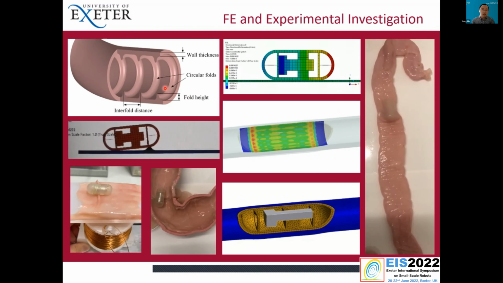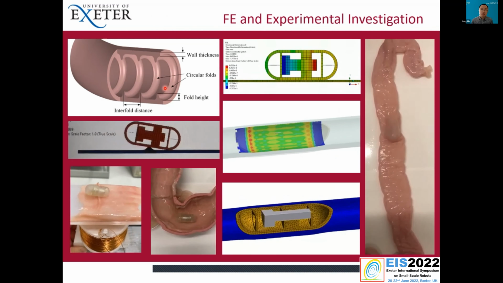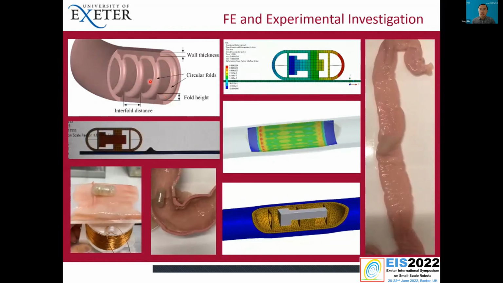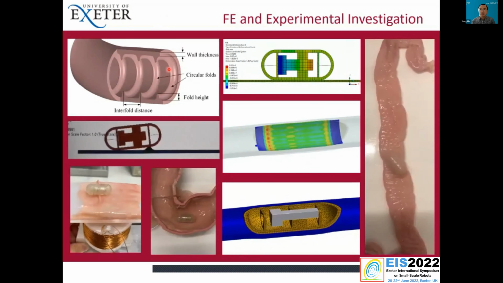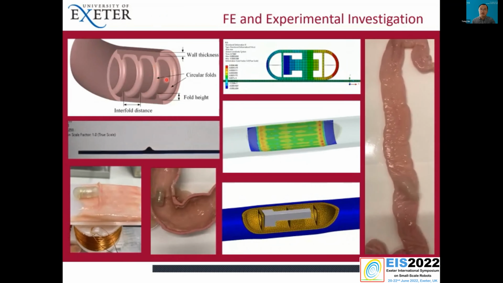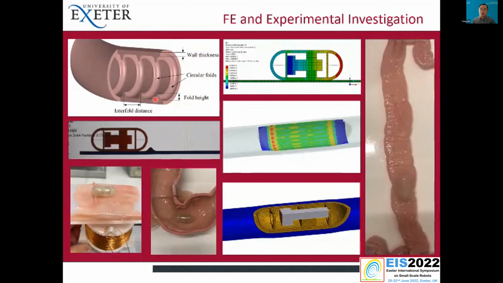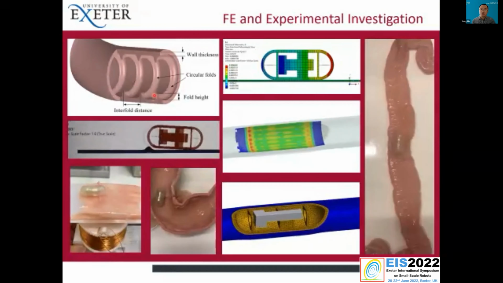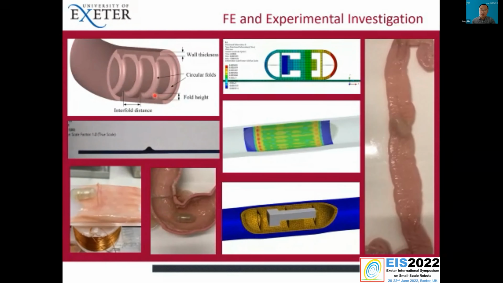Another challenging issue is the internal structure of the small intestine. We have the circular folds, which provide quite large resistant force for the capsule crossing over in the small intestine.